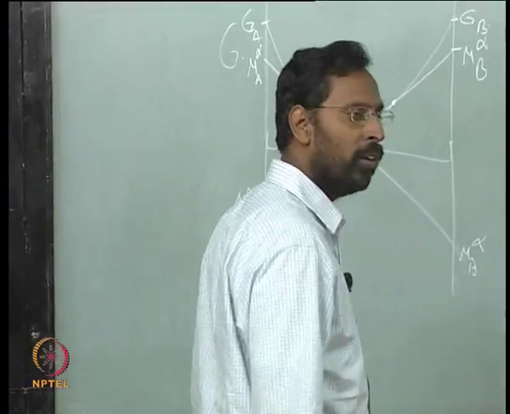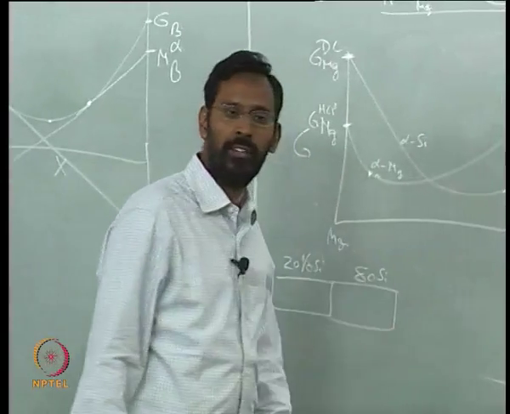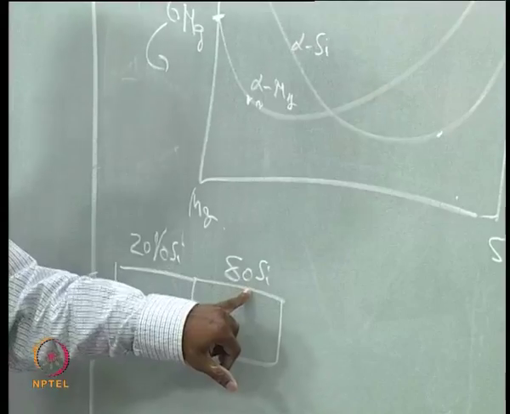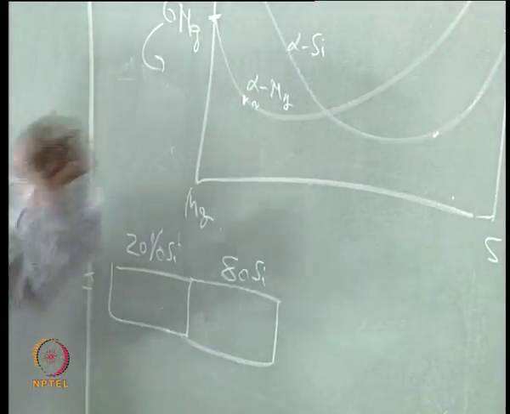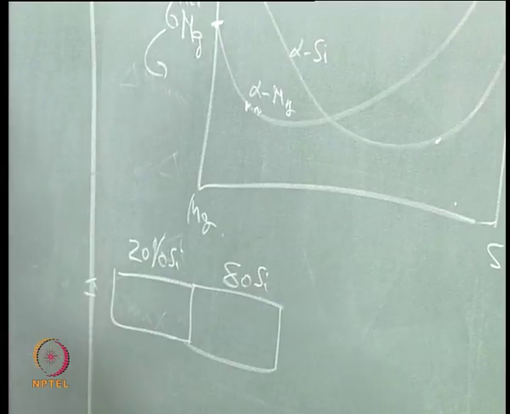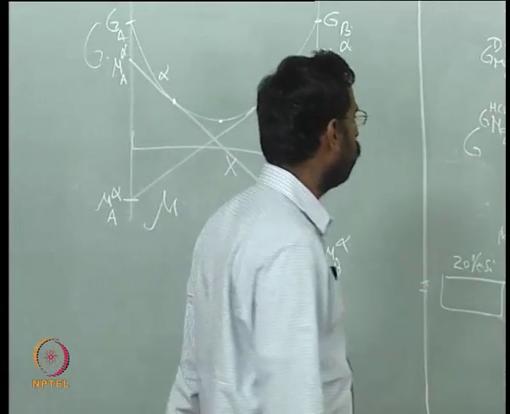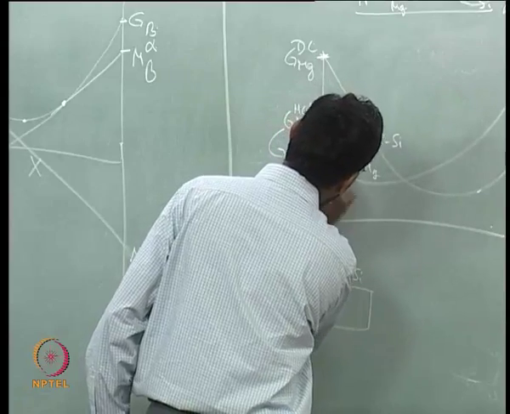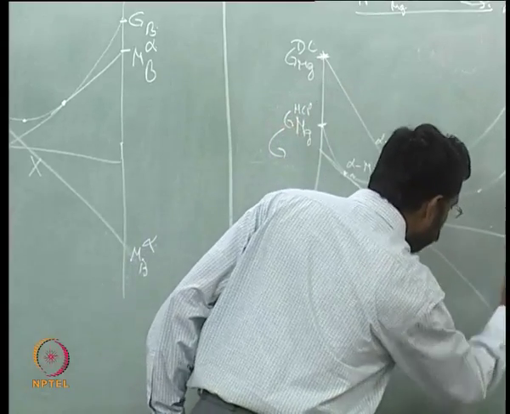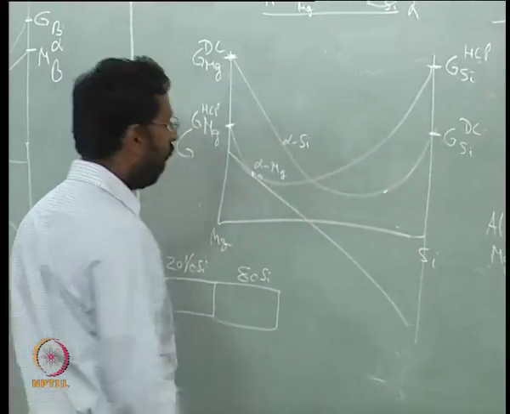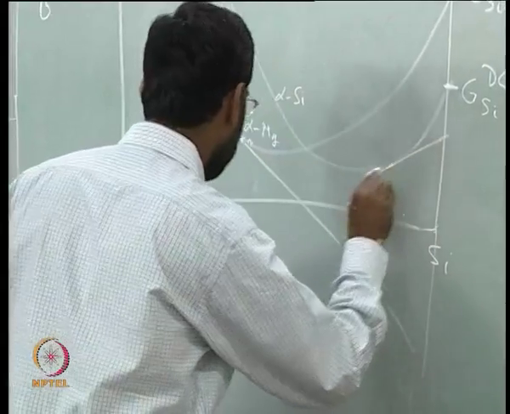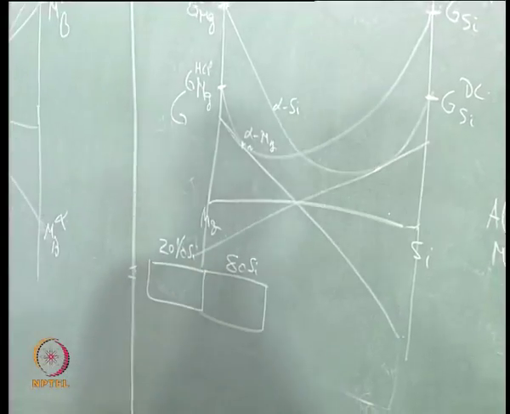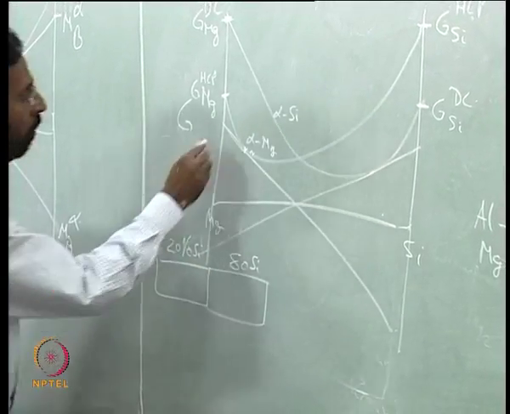You would see that whenever I do this, the activities are different, which is represented by these free energy curves and the tangents to them. For example, if I draw a tangent at this particular composition, this tangent goes like this, and similarly if I draw a tangent here, this tangent goes like this. Now what are these values?